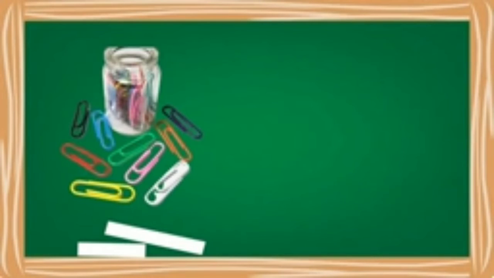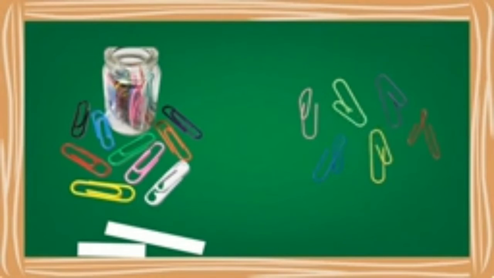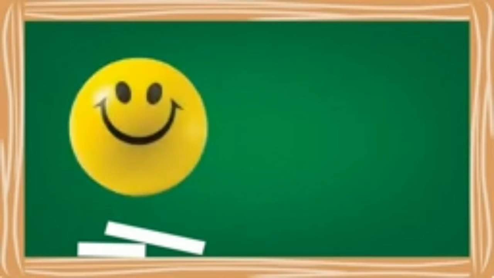Another example is the paper clip. We can change the size and shape of the paper clip by means of bending. What about the rubber ball? How can we change the shape and size of the rubber ball?